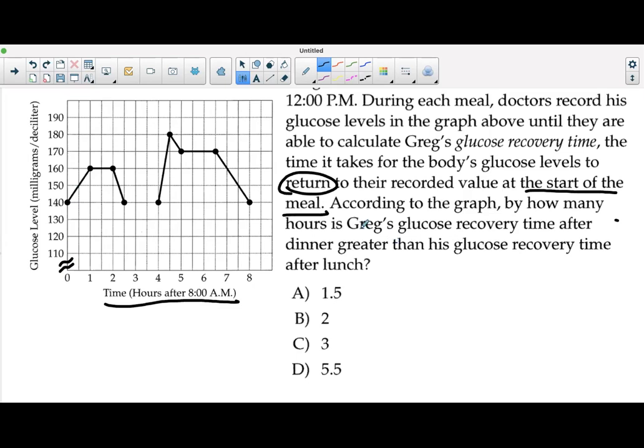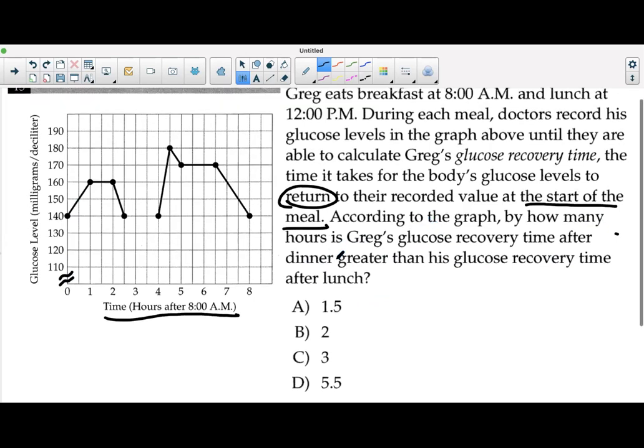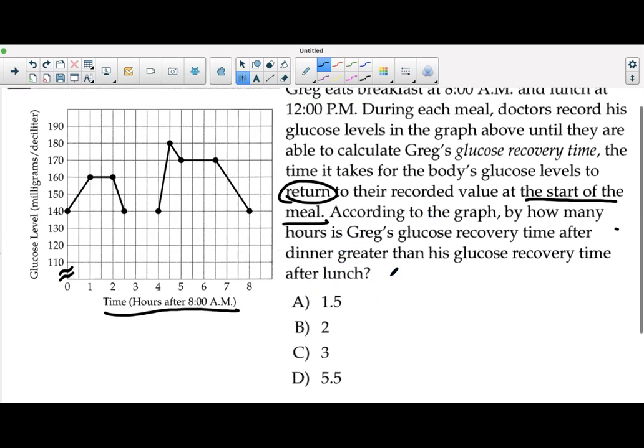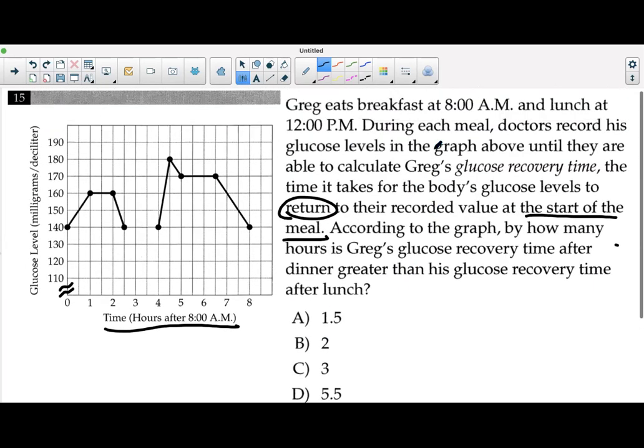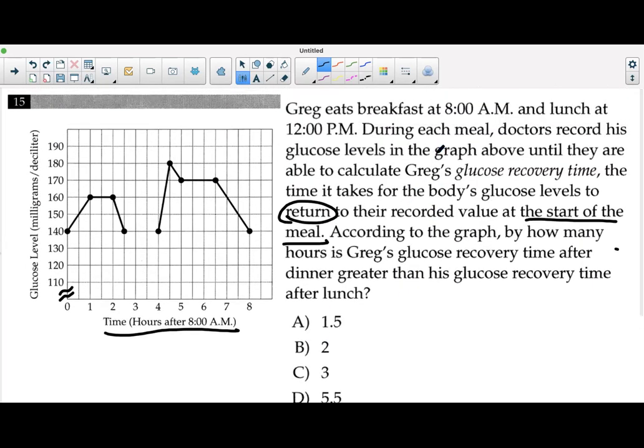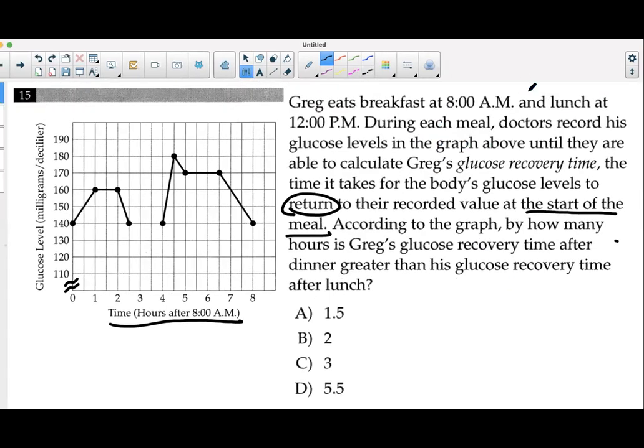That's all there is. Now, according to the graph, by how many hours is Greg's glucose recovery time after dinner greater than his glucose recovery time after lunch? Actually, I think they might have misstated it here.